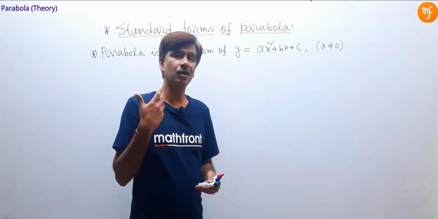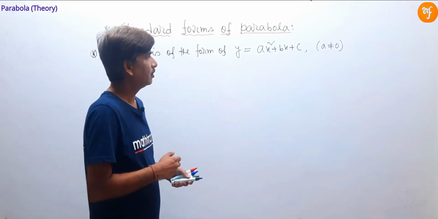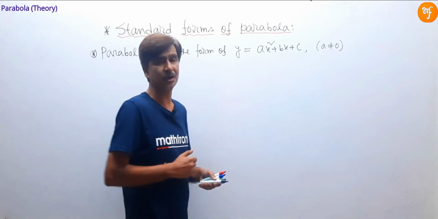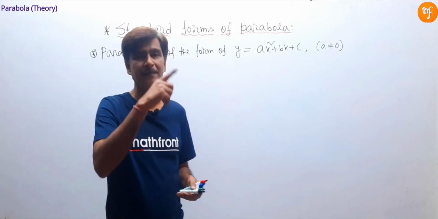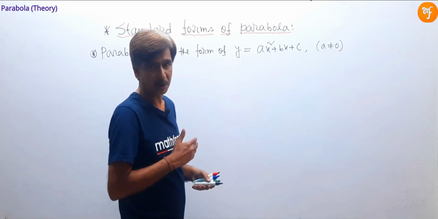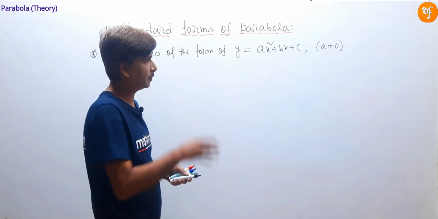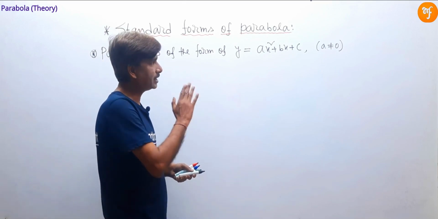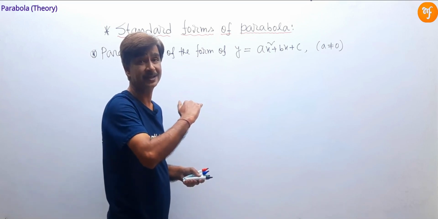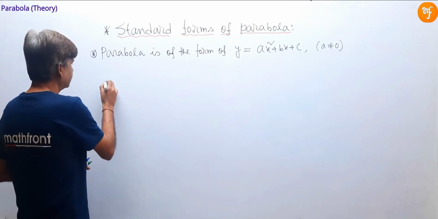So as a is not equal to 0, a may be positive or a may be negative. Now if a is positive, then this parabola y is equal to ax square plus bx plus c is concave upwards. And if a is negative, then the parabola y is equal to ax square plus bx plus c is concave downwards. So depending on the value of a, y is equal to ax square plus bx plus c must have 6 diagrams. Look at the diagrams.